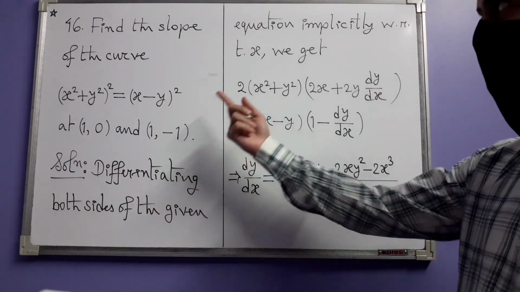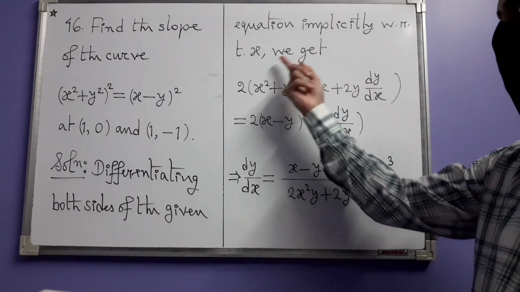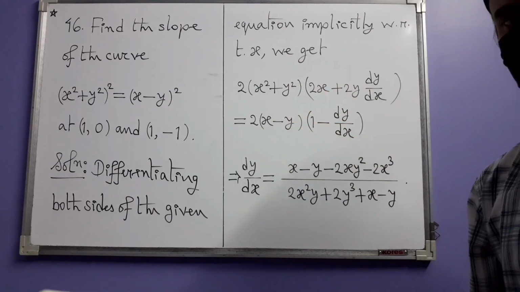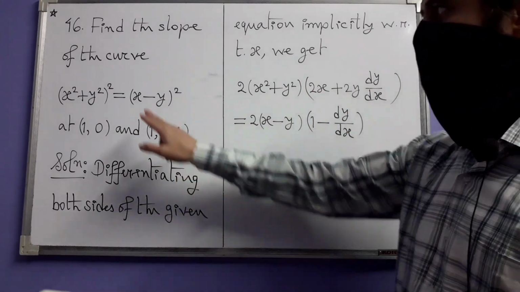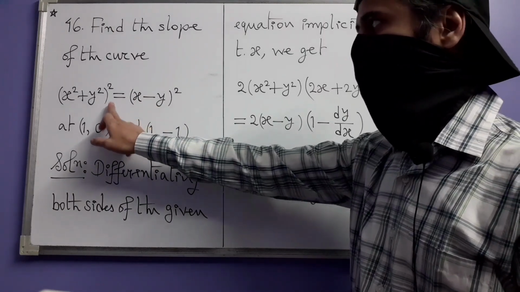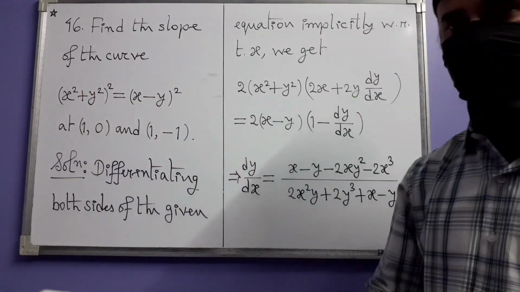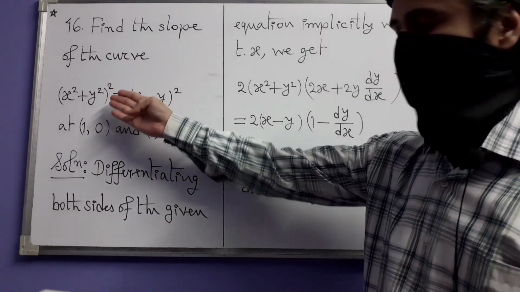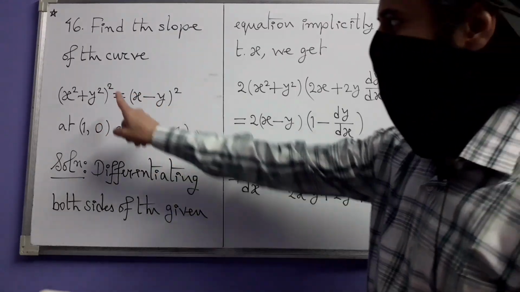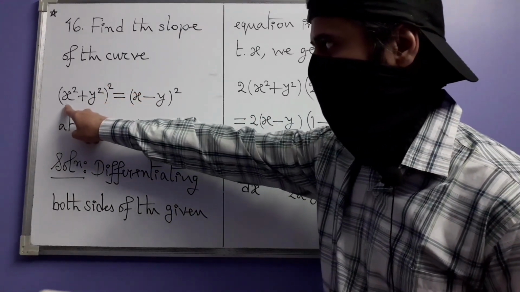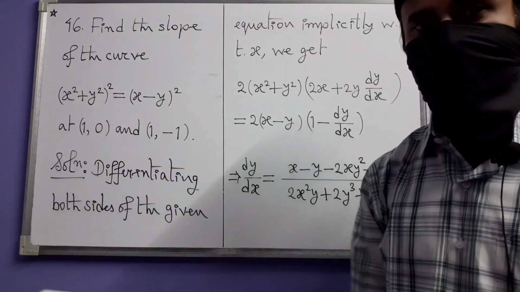Differentiating both sides of the given equation implicitly with respect to x, we get this. So let's see what that gives us. Say you differentiate the left hand side. The left hand side, as you can see, is a composite of two functions, the outer square function and the inner function, which is x squared plus y squared.